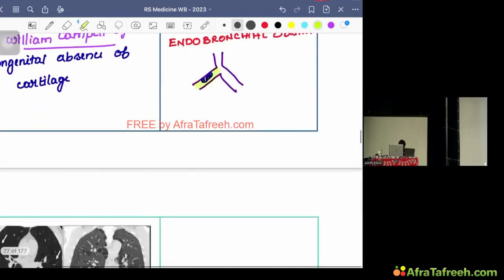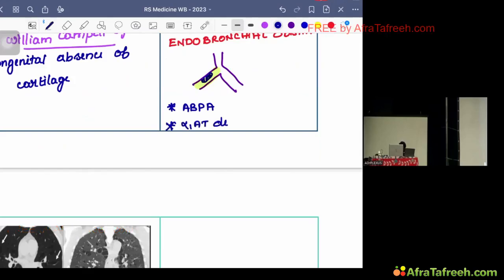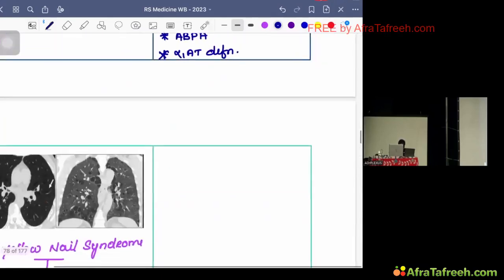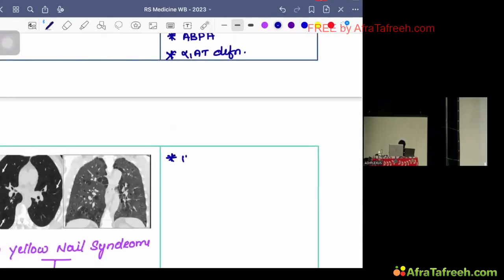Okay, so what are the conditions? The conditions are ABPA, which we will discuss later. For time being, write it as ABPA. Alpha 1 antitrypsin deficiency, hypogammaglobulinemia.